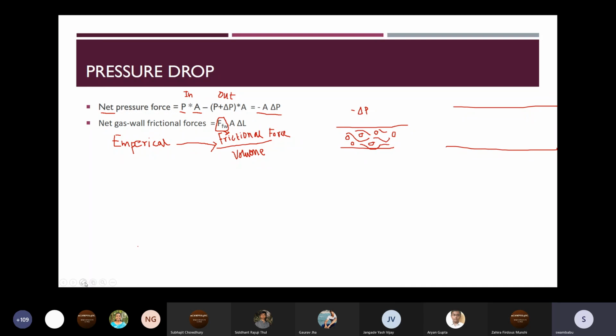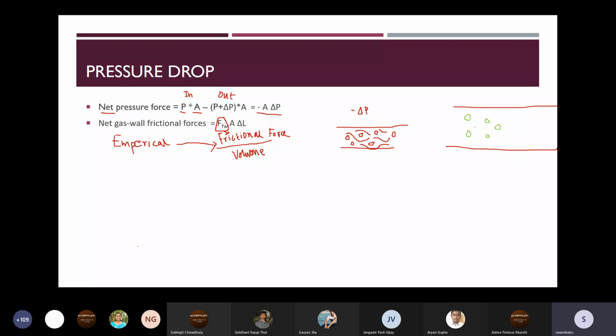So you want me to consider only the area near the wall, right? Why are we considering the overall cross-sectional area? Yes, sir. Okay. So here I'm explaining that these are not solid particles. Let's say this is a fluid particle, just from an explanation point of view.